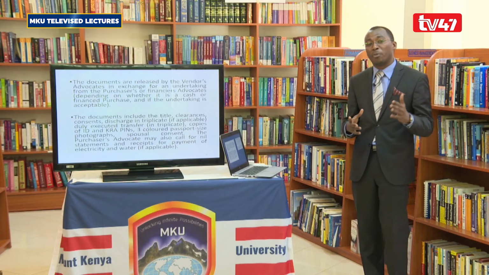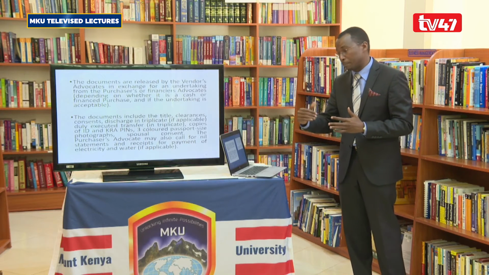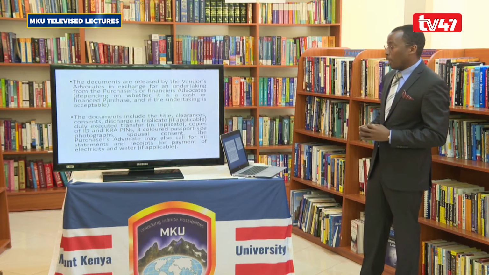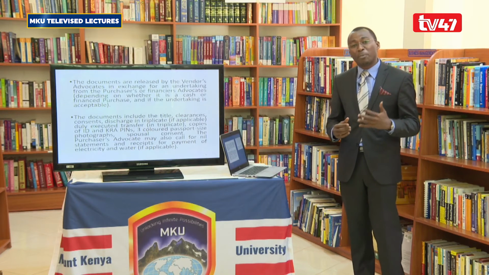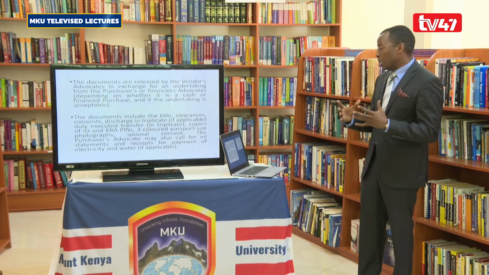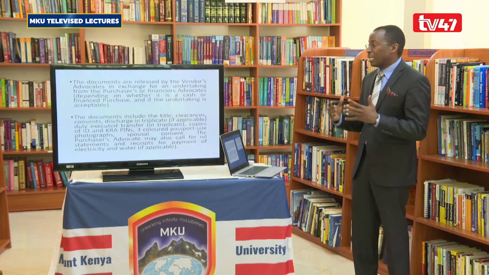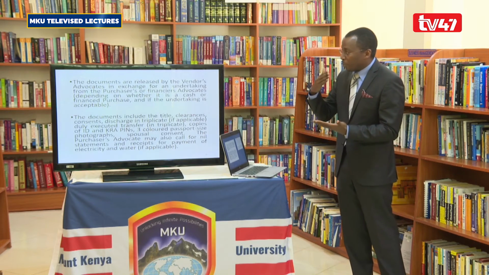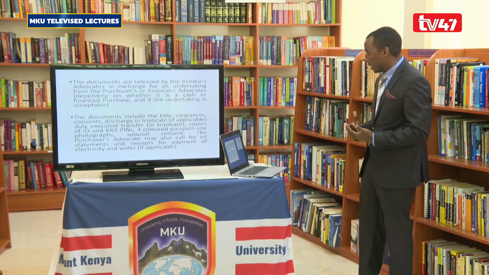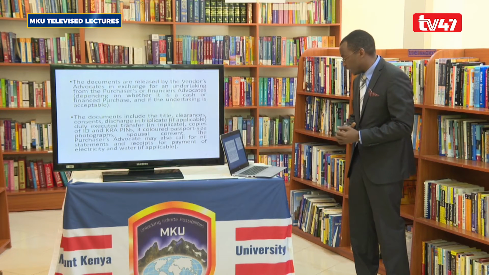These are the documents that would typically move from the vendor's advocate to the purchaser's advocate. And once these documents have moved, then the transfer stage can be effected after that.